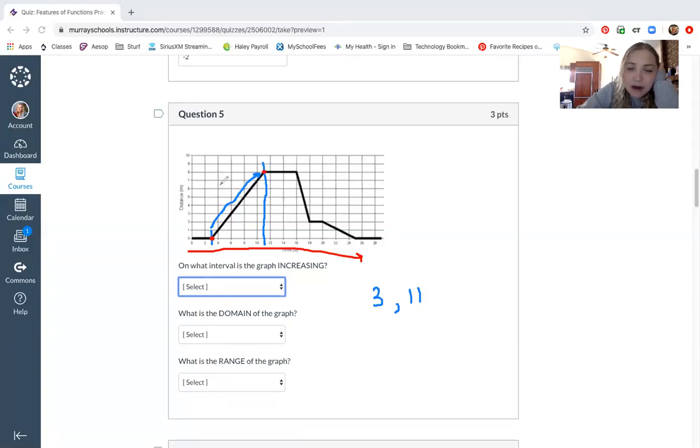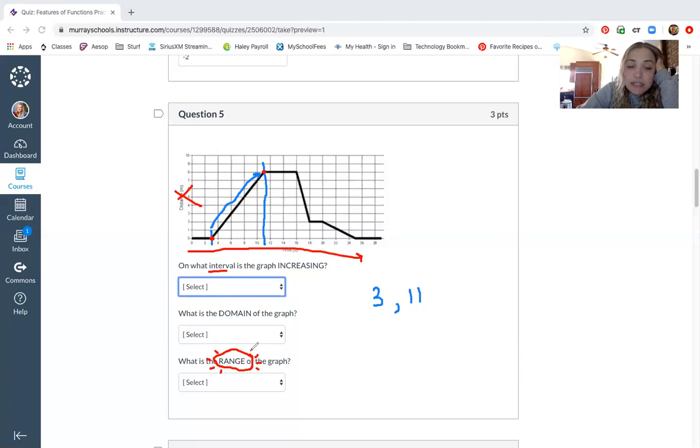And that's a really common mistake. We do not use the y-axis for intervals with increasing or decreasing. There's only one time on all of these problems ever that you're allowed to use the y-axis, and it is for the range. So I would probably write that on a note card somewhere.